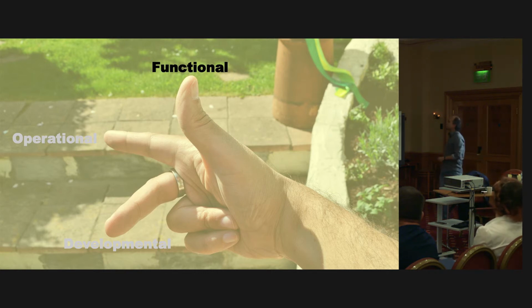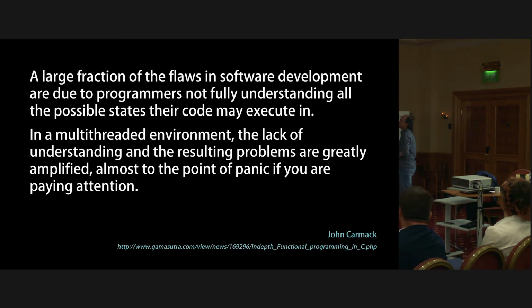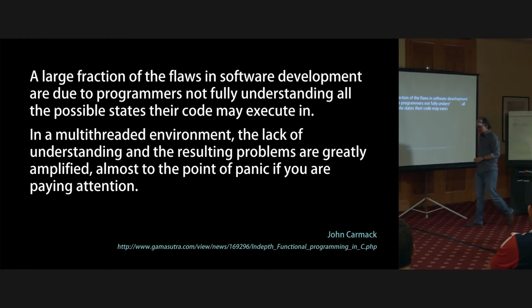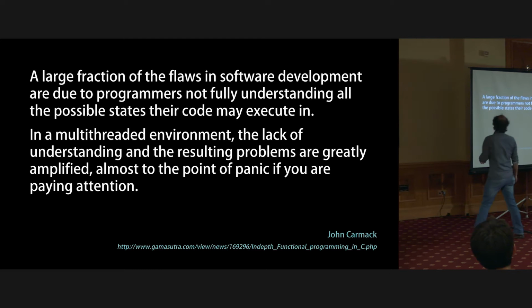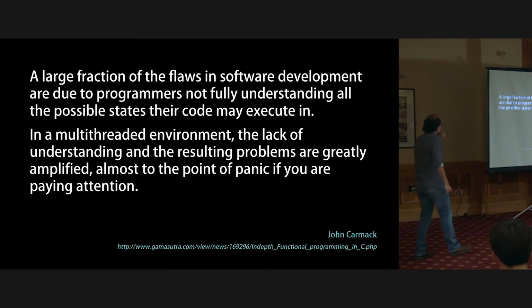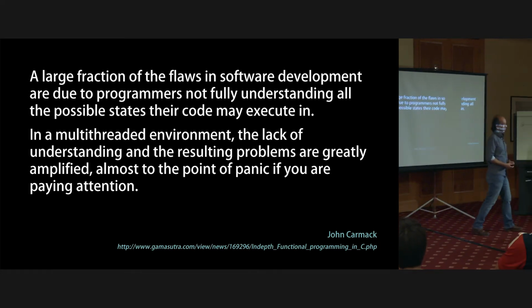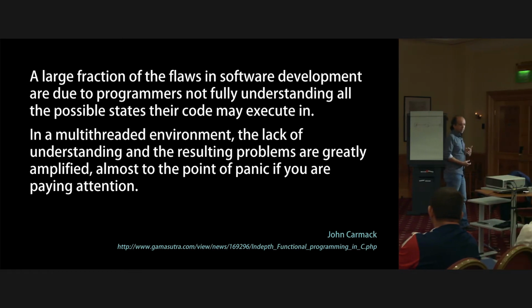Games programming demigod John Carmack wrote a rather good piece on functional programming in C++ a few years back. Henney observed, a large fraction of the flaws in software development are due to programmers not fully understanding all the possible states their code may execute in. And that's a really key idea.